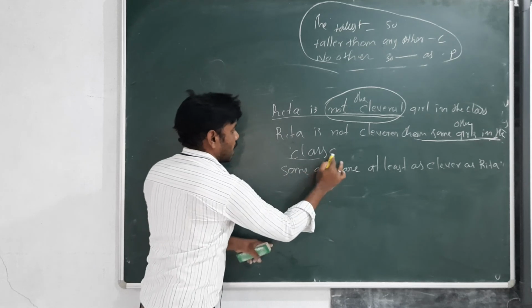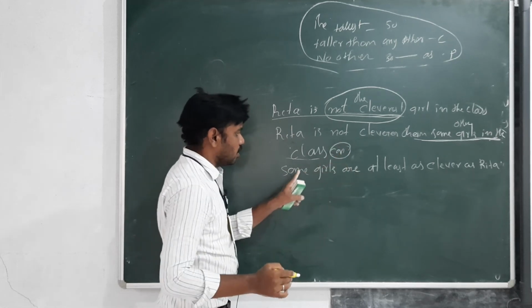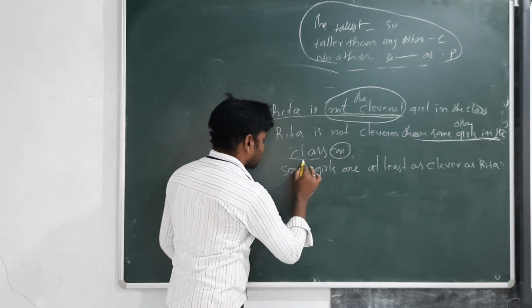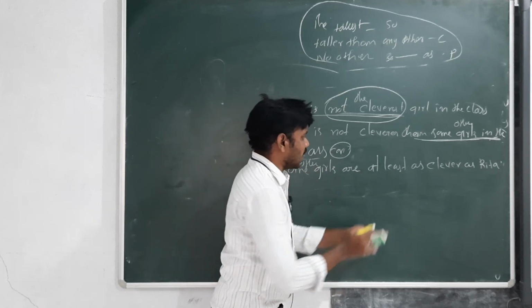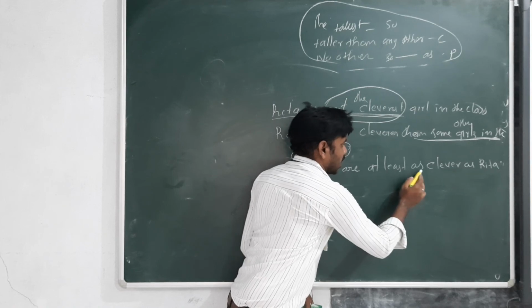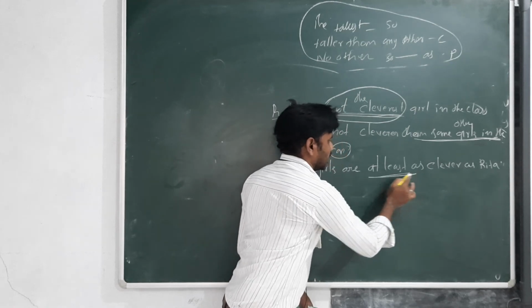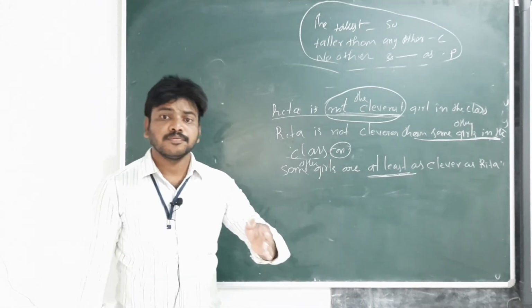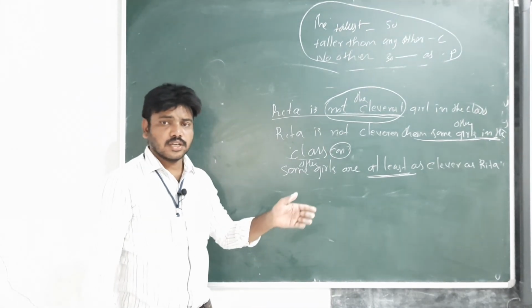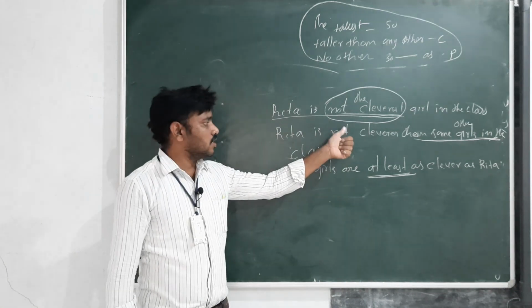This is the comparative degree. Now let us take the positive degree: some other girls are at least as clever as Rita. This is "at least." So what did we learn? In a negative sentence, we should write "at least."